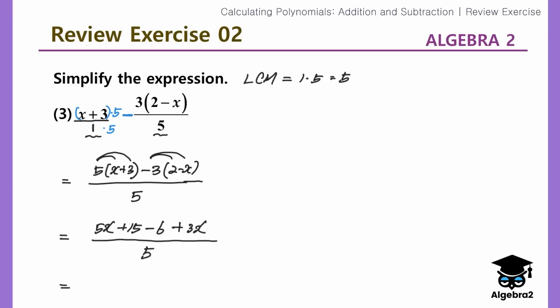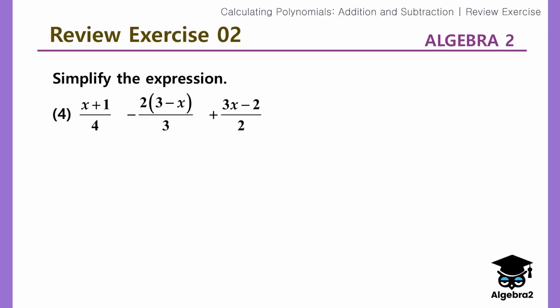That is equal to, we have 5x, 3x, 5 plus 3, that's 8x. 15 minus 6, that's plus 9. So plus 9 over 5.